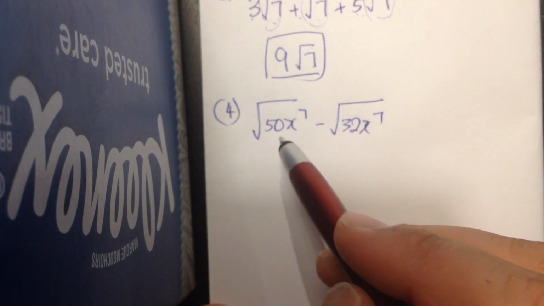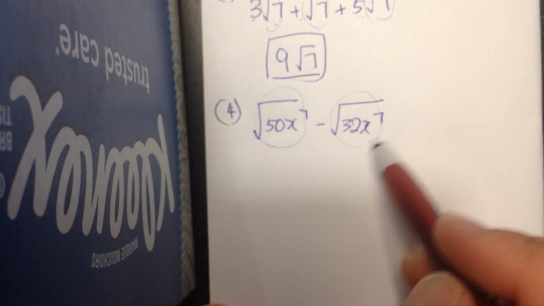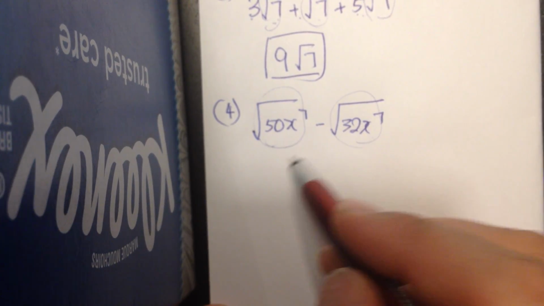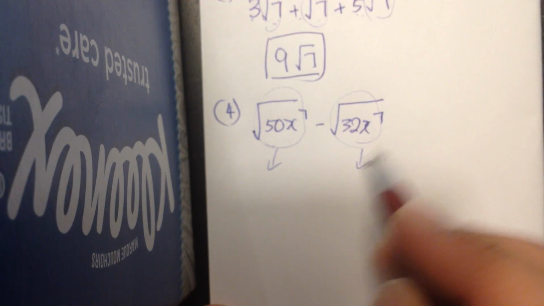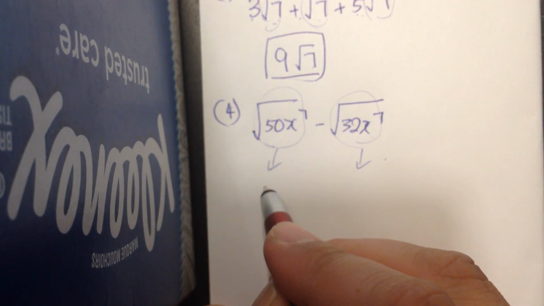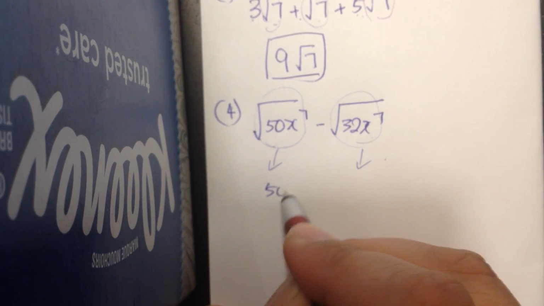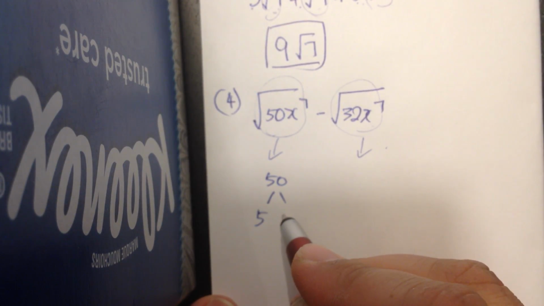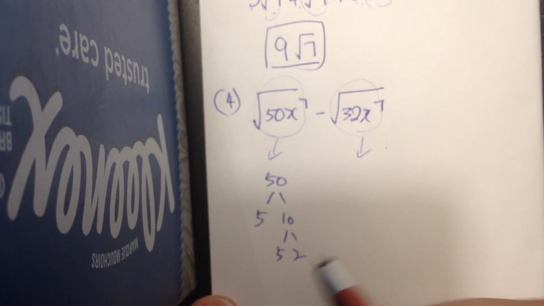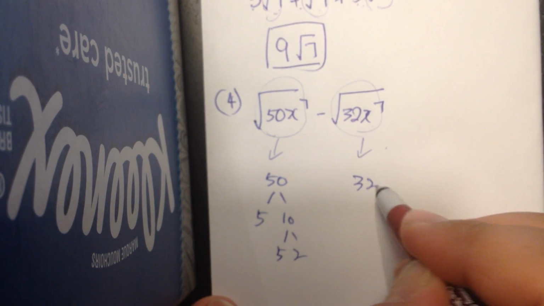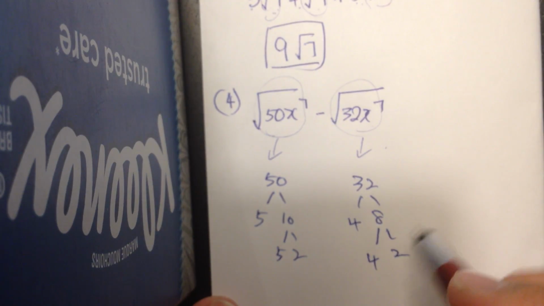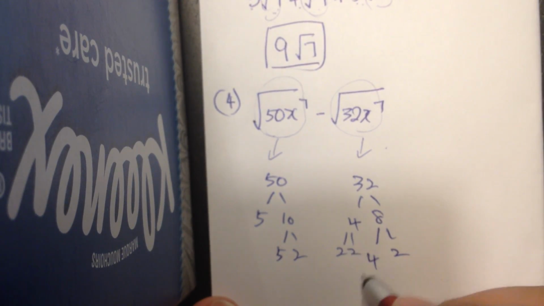Now, in order to simplify, you have to simplify each radical first. So here 50, I'm going to use prime factorization. So 50, I'm going to break it 5 and 10, 5 and 2. Here 32, 4, 8, 4, 2, obviously 2, 2, 2, 2.